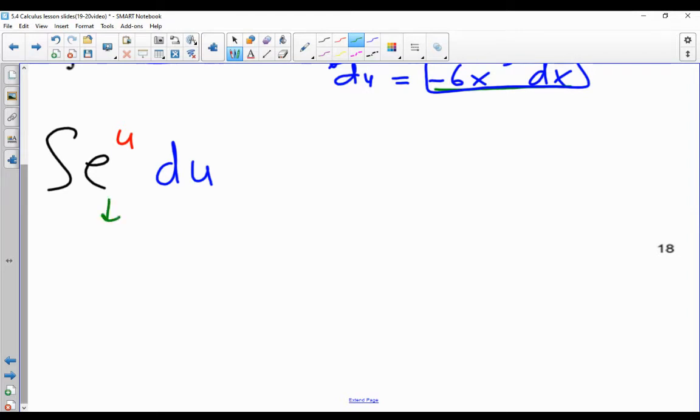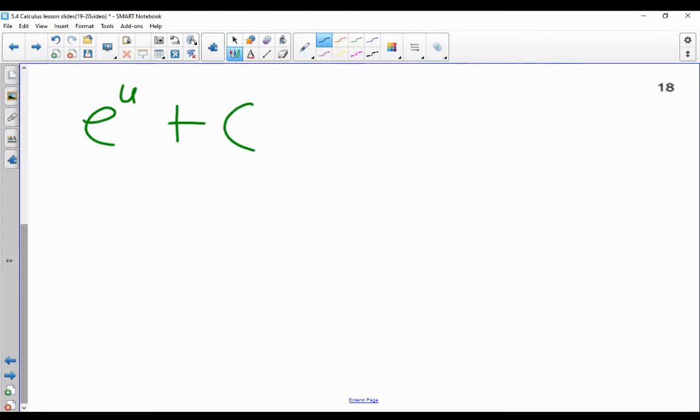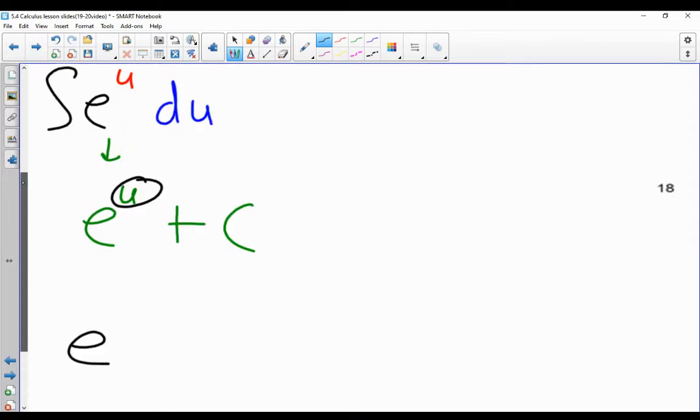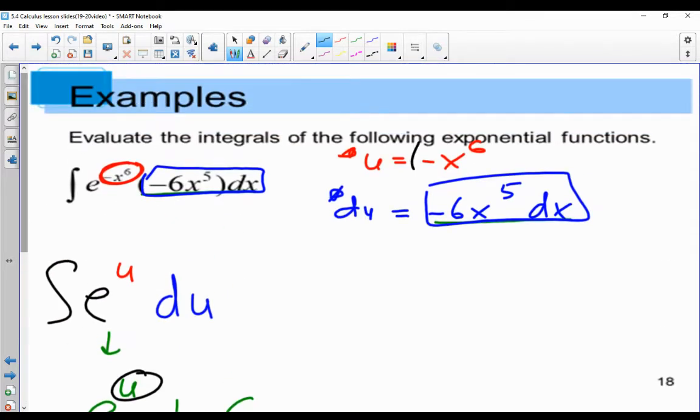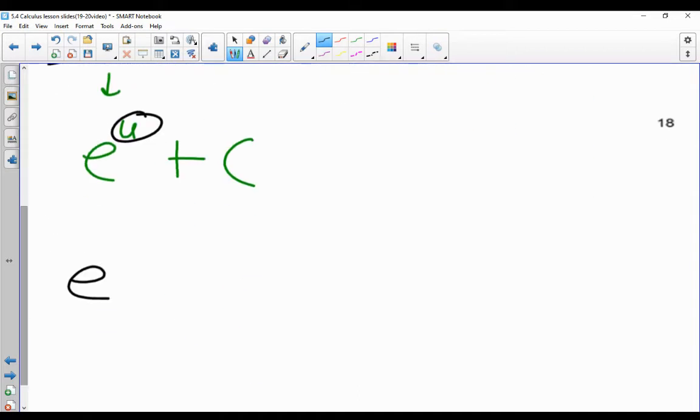So the antiderivative of e to the u is just itself, e to the u, and then plus c. And then all you have to do is put the u back into its original form. The original form of u was negative x to the 6, so put that back as its power, and then plus c.